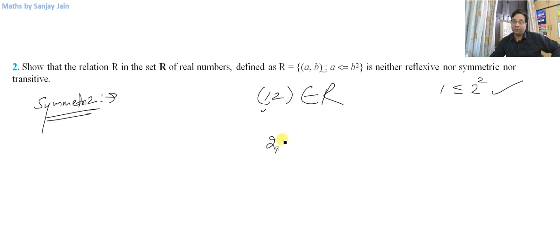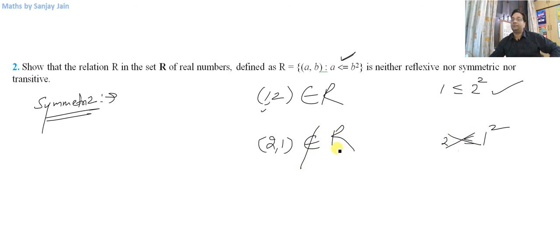But what about (2, 1)? For (2, 1) to belong in this relation R, 2 should be less than or equal to 1 squared, because this is the rule by which this relation is defined, right? But it is not true, hence I can say (2, 1) doesn't belong to relation R, right?